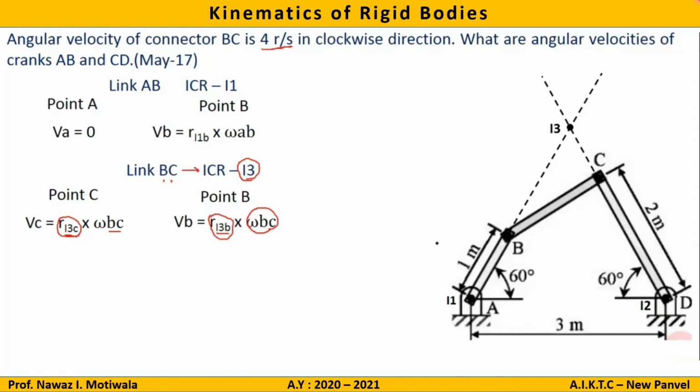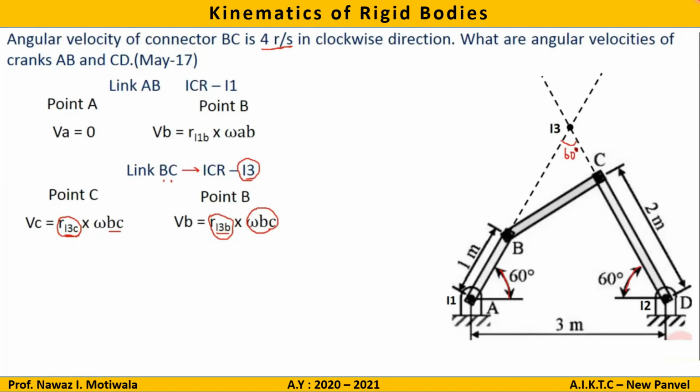Now you can see here that this angle is given to us as 60. This angle is also given to us as 60. If I consider the entire triangle AI3D, angle A is 60, angle D is 60. So I can also write angle at this point, that is I3, is also 60 degrees because the sum of all angles of the triangle should be 180.